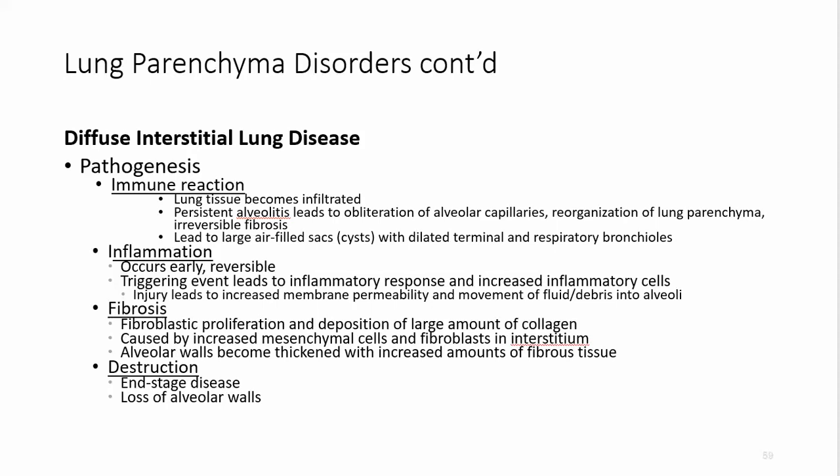You get this inflammatory response. We have fluid and debris moving into the alveoli, and then you get fibrosis. So the acute inflammation becomes chronic, and you get these fibrotic changes. And then you lose the alveolar walls. They're no longer functioning for gas exchange.